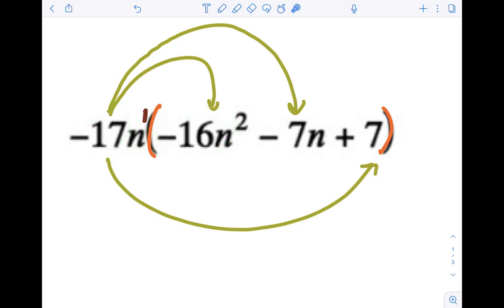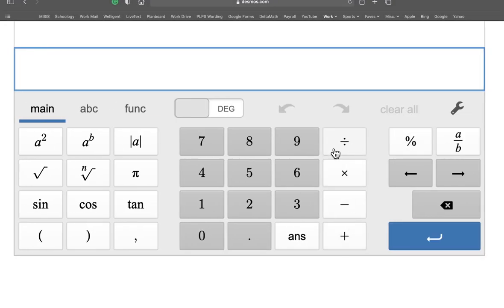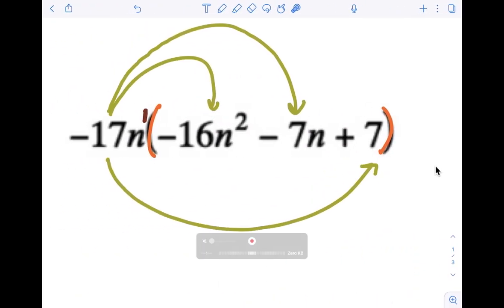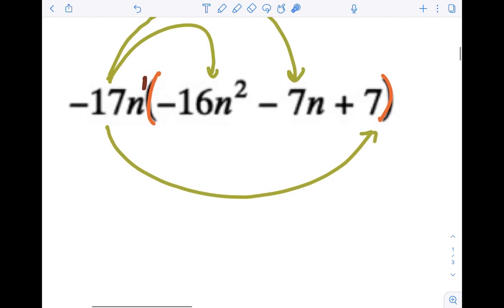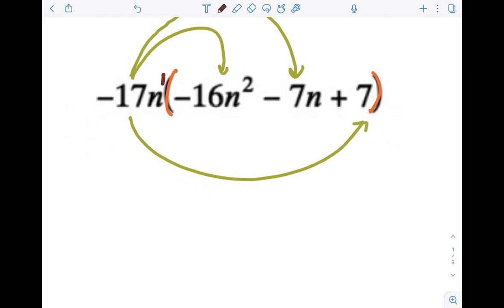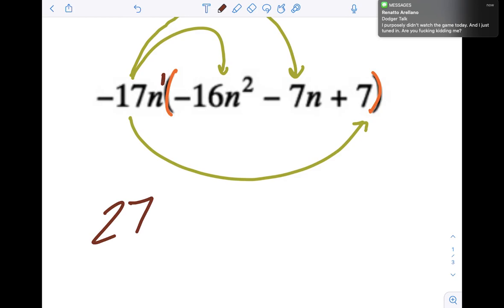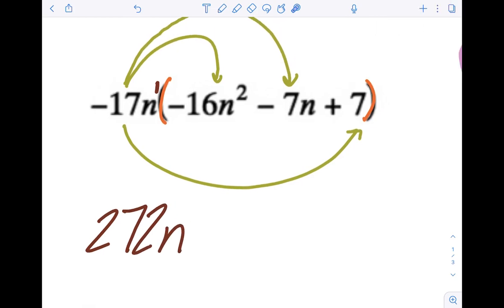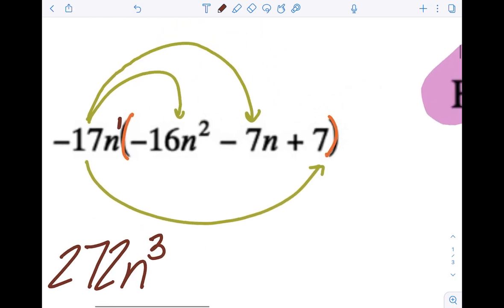Well, a negative times a negative is a positive, but I don't know what 17 times 16 is, so I say 17 times 16 gives me 272, right? So I'm going to get 272, and when I'm multiplying, remember from our exponential rules, I can add 1 plus 2, and that gives me n to the 3rd power.